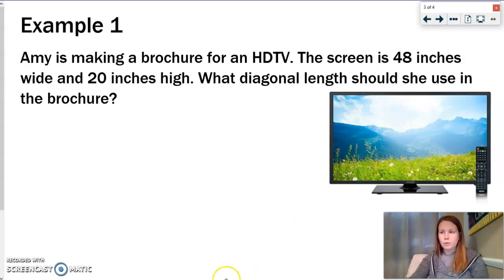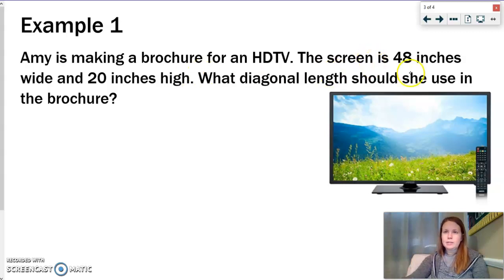And I believe there's only 2 examples. So the first one that we're going to do, and it will align with the first 2 problems in your homework assignment, is more of a word type problem. So here in this example, it says that Amy is making a brochure for an HD TV. She says that the screen is 48 inches wide and 20 inches high.